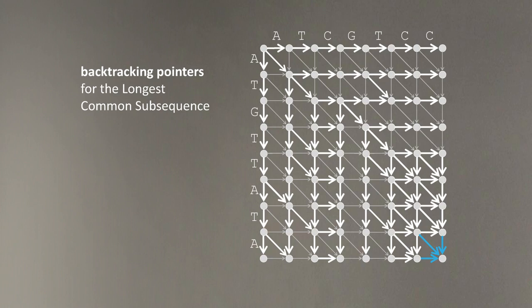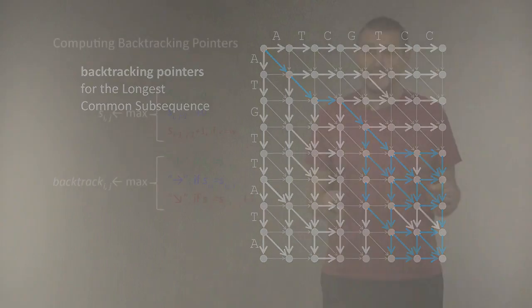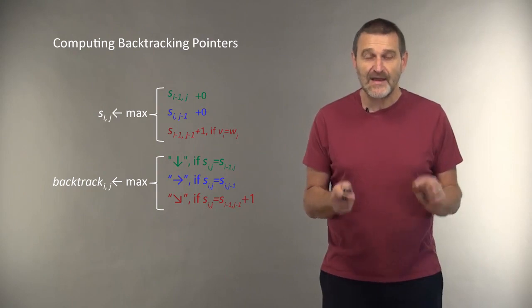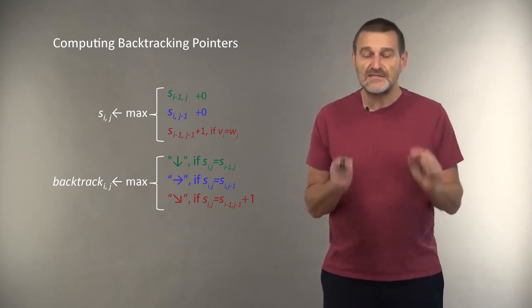And we can move from the final destination backwards using backtracking pointers, and slowly but surely we will arrive at the original initial node, and all paths that are traced by the blue edges represent the solutions to the longest common subsequence problem. To compute backtracking pointers, we have three choices.